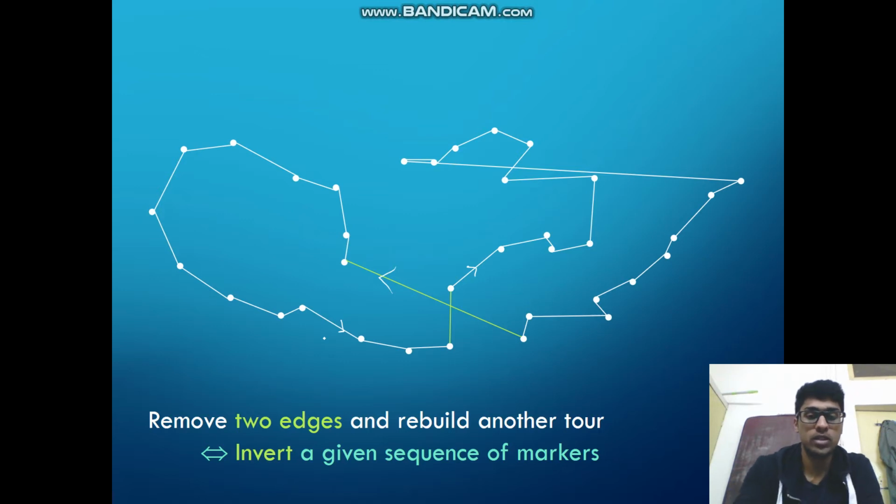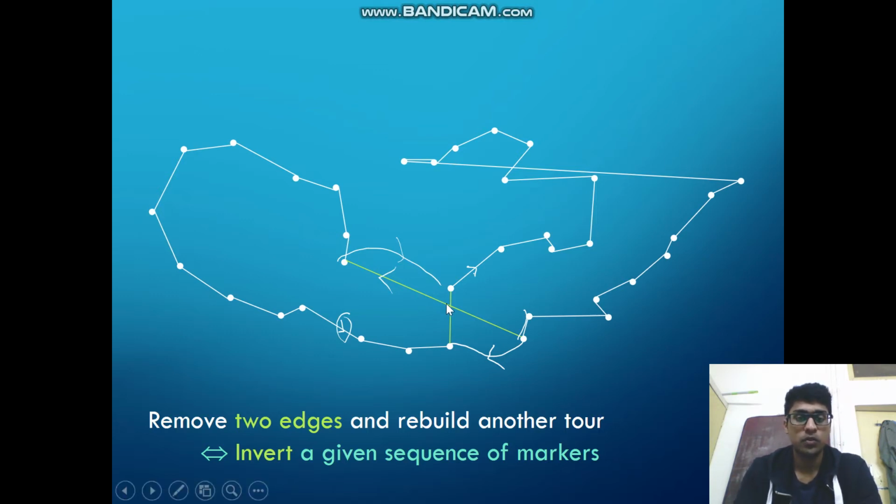If we remove these two edges and add this and this as the new edges, we will be traveling like this, and this marker will remain the same. So we are actually inverting a given sequence of markers. If you don't understand that, simply take it that we are just removing those two edges and connecting by the other possibility we had, which is obviously good.